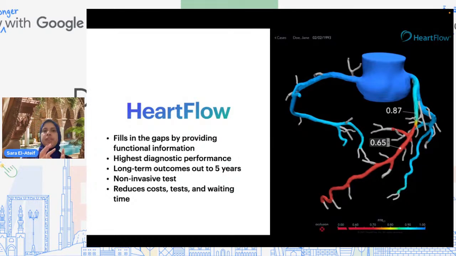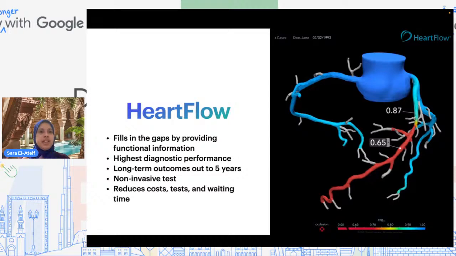So one of the good things that HeartFlow does is that if you have some missing information from the scan, it can fill the gap by providing what they call functional information. It's kind of more details about what is happening inside those steps and all of that.